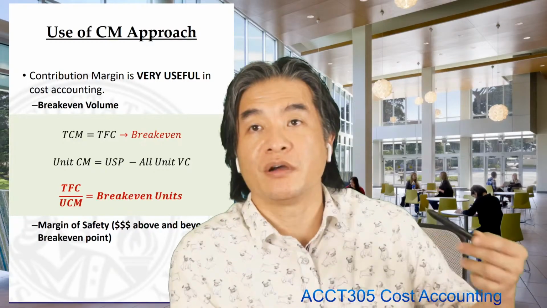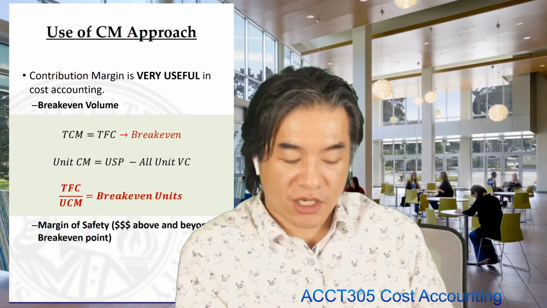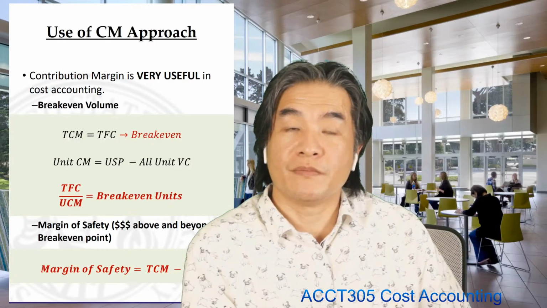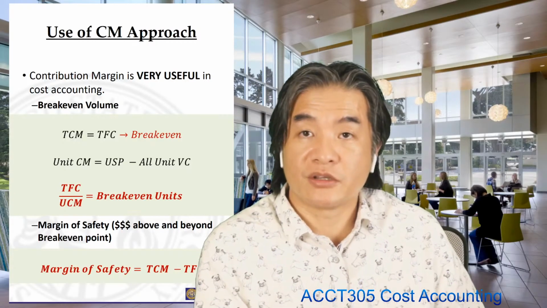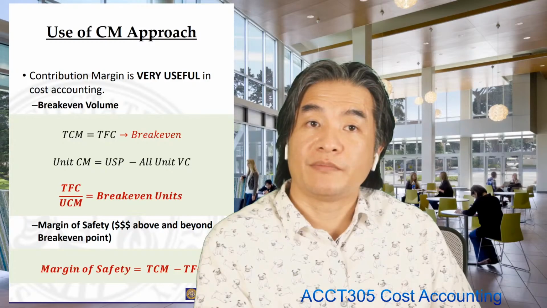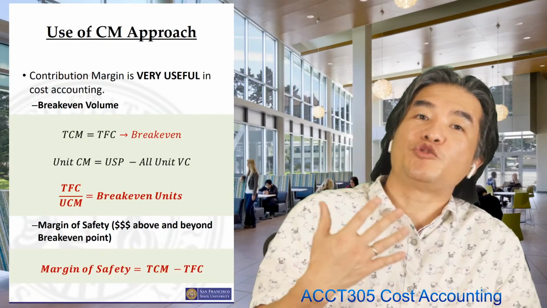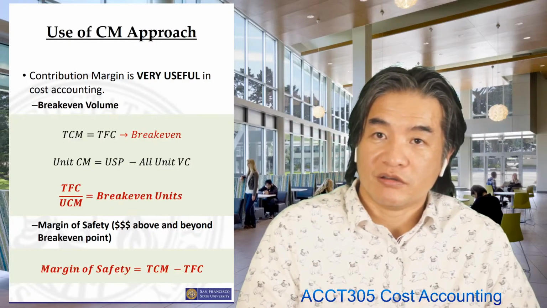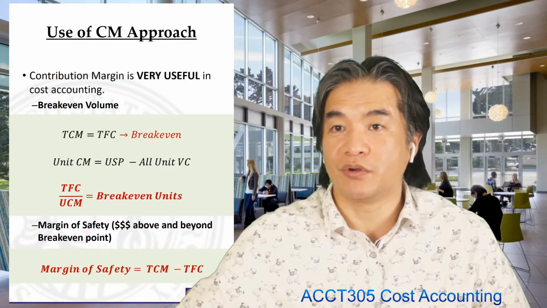You can calculate it this way: margin of safety equals your total contribution margin minus the total fixed cost. That means how much money you can afford to lose before you get to the break-even point.